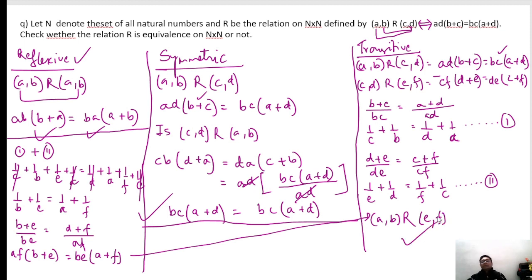Yes, it is written like this. That means the transitive relation is also valid. That means reflexive, symmetric and transitive all are valid. So it is an equivalence relation. Clear? So please watch this part carefully so that you can understand.